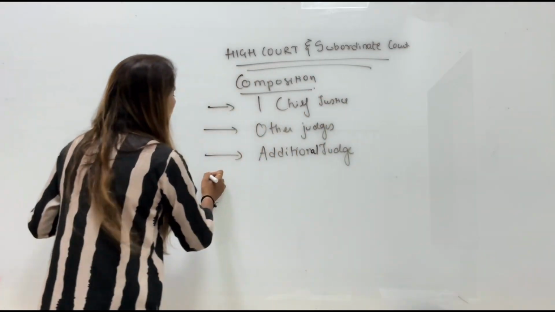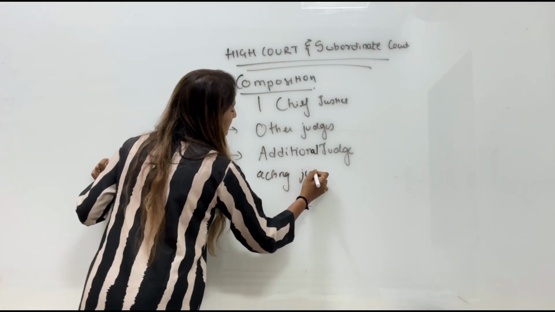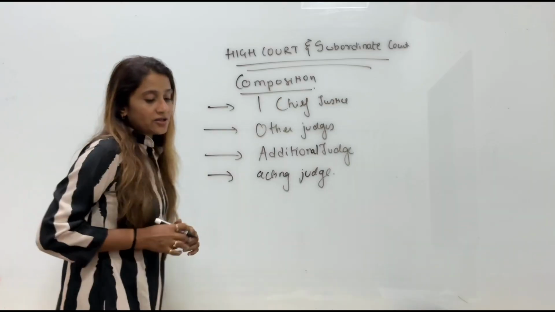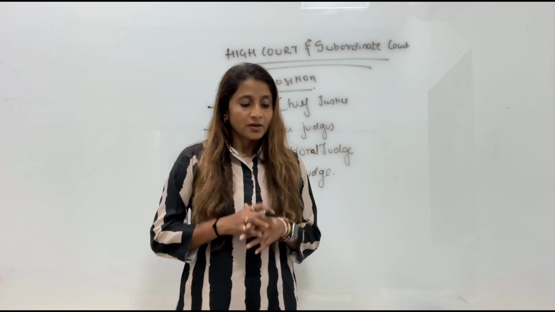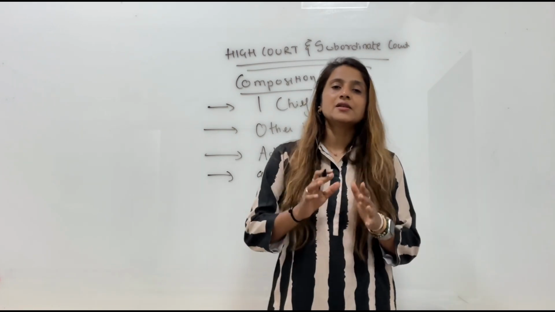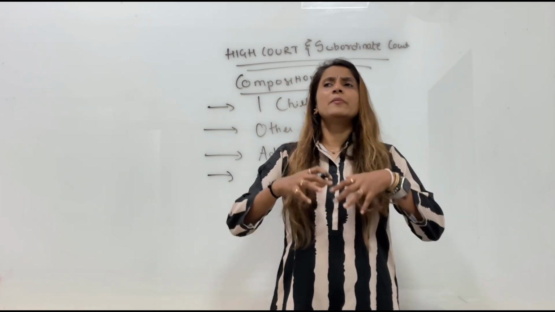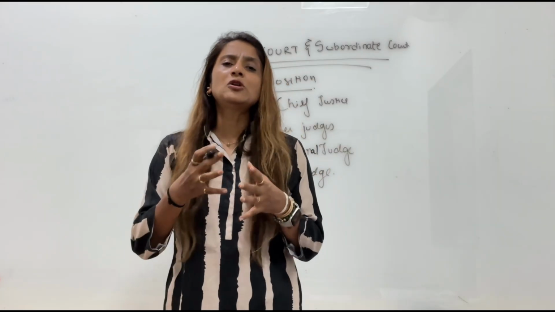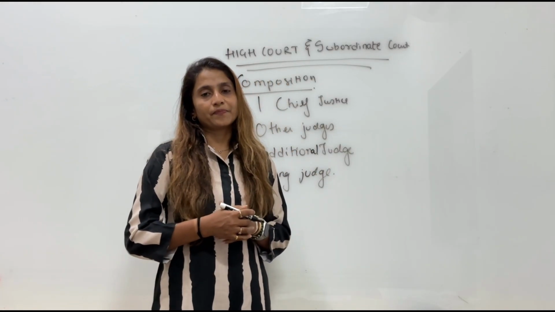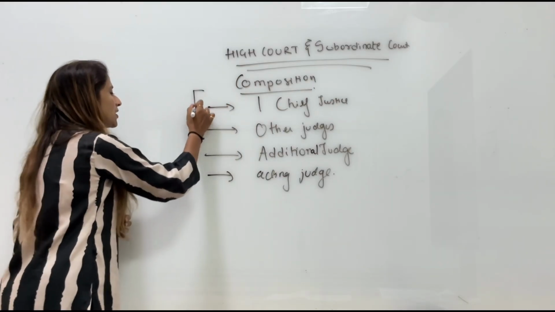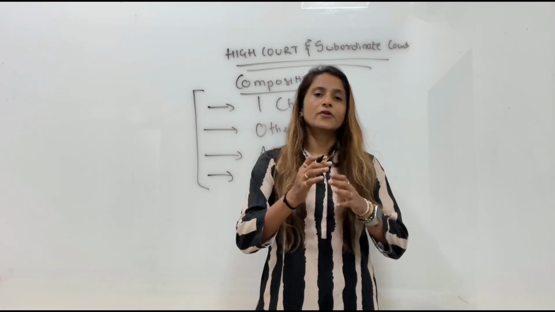Then there can also be an acting judge. If a permanent judge, other than the chief justice, is absent or unable to perform his duty for any reason, there will be an acting judge. This is the composition of the High Court.